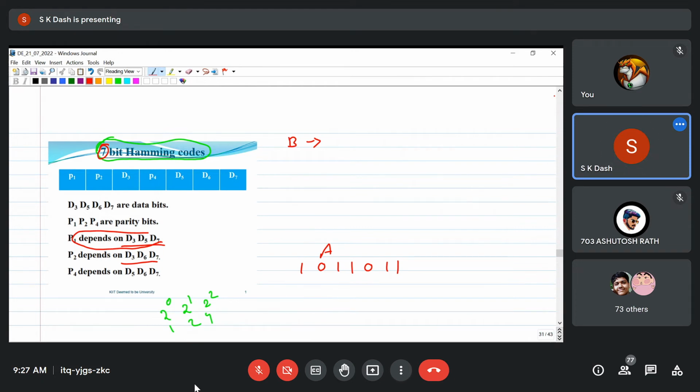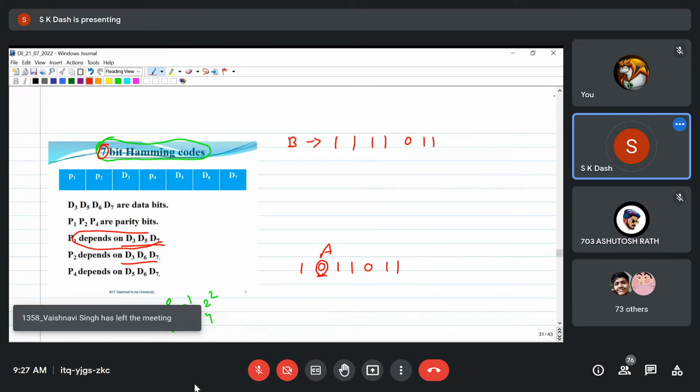P2. Okay, that means in place B the data you get will have that bit changed, so this will be 1 1 0 double 1.